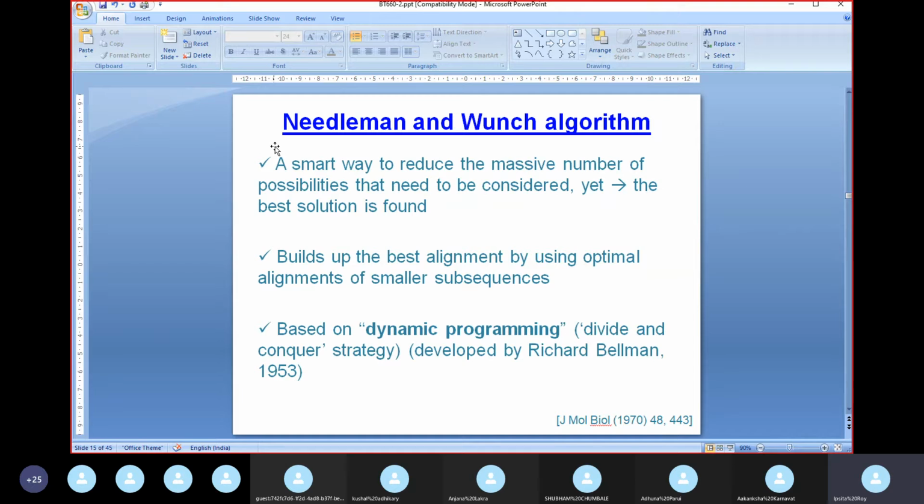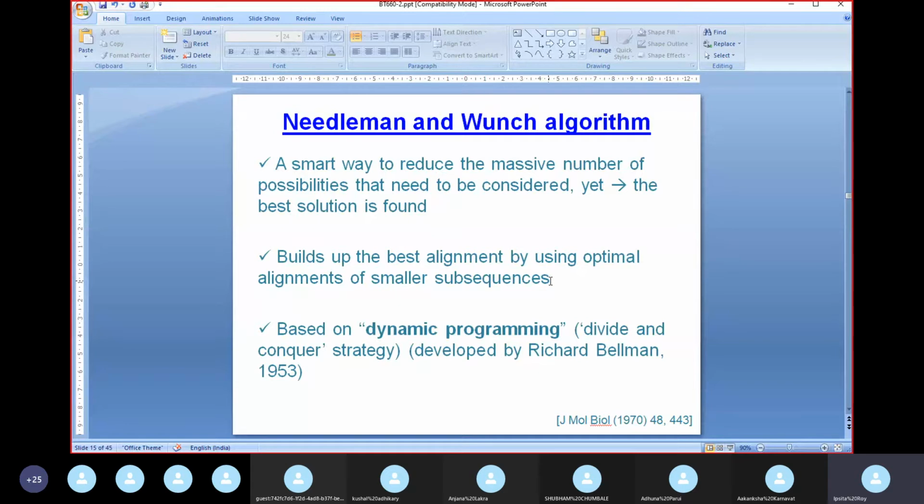You break it down into shorter segments, but because they are part of the same polypeptide chain, there are overlapping regions. So dynamic programming works on divide and conquer, provided there are overlapping subsets. It builds up the best alignment by using optimal alignments of smaller subsequences.